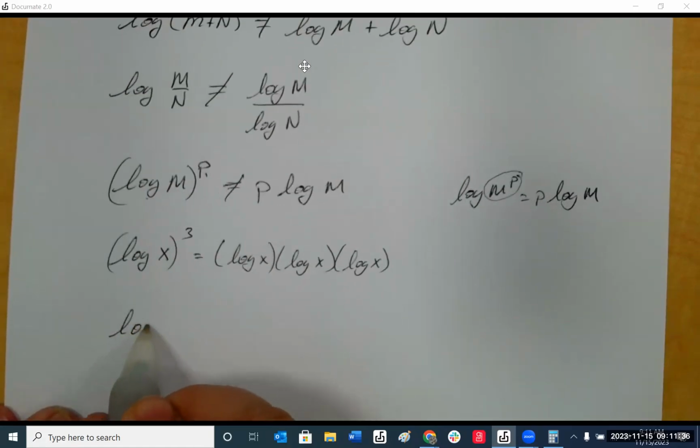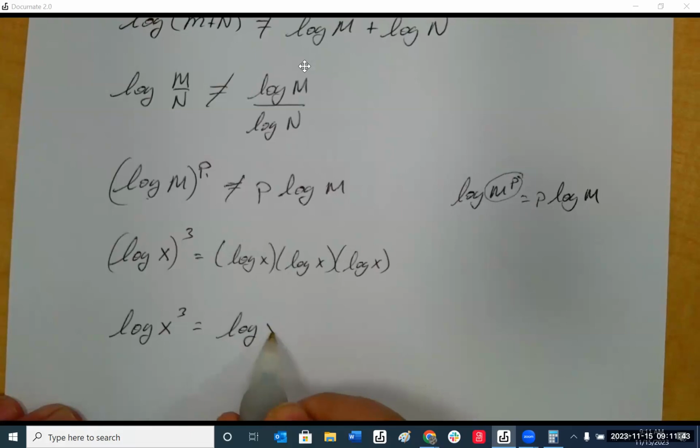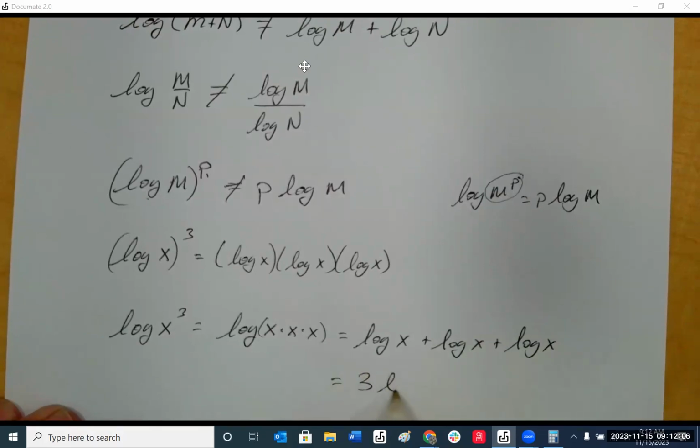But log x to the third means log x times x times x. Which means, how do we expand the multiplication? Log x plus log x plus log x, which makes it 3 log x's.